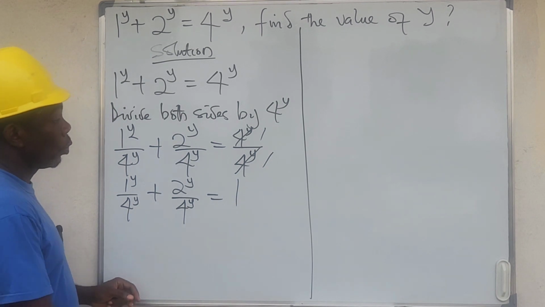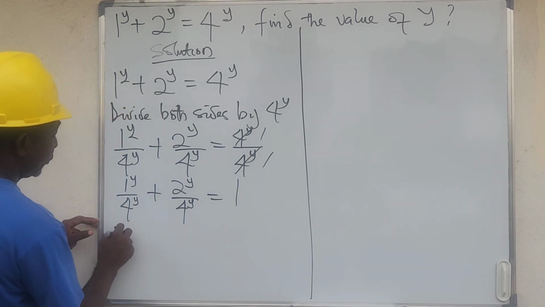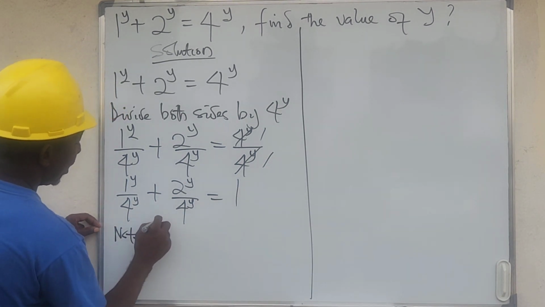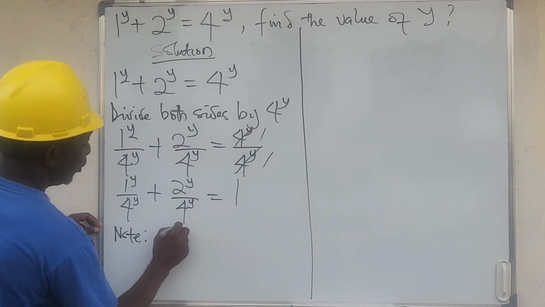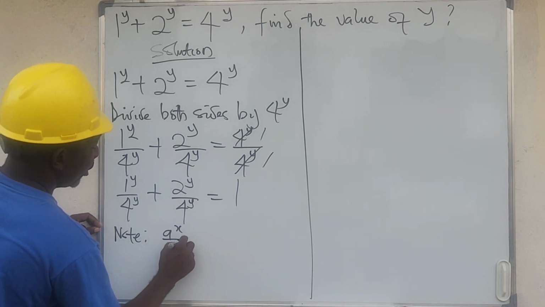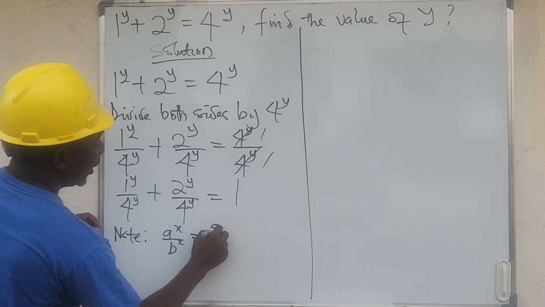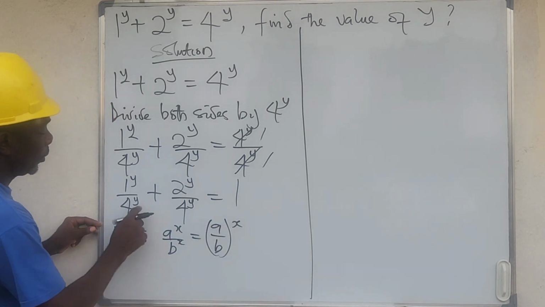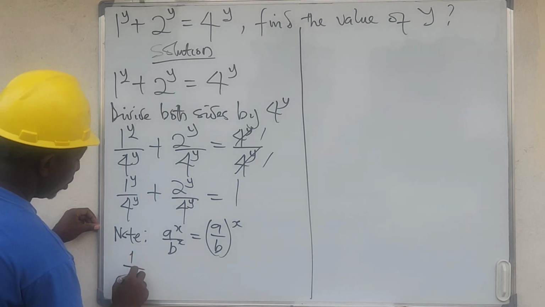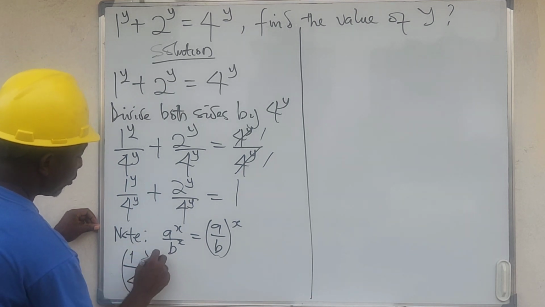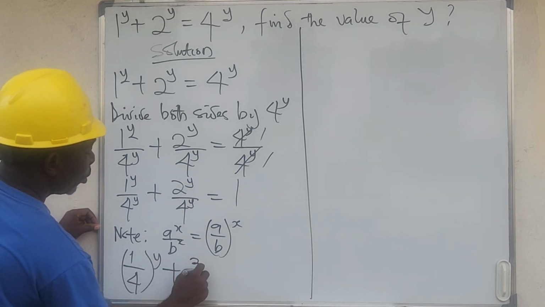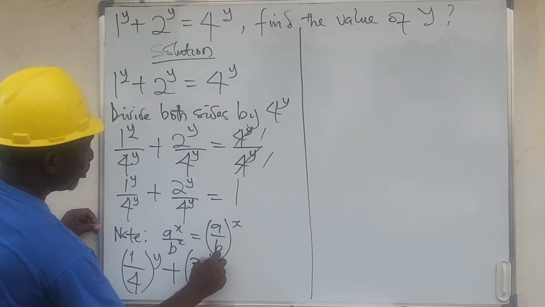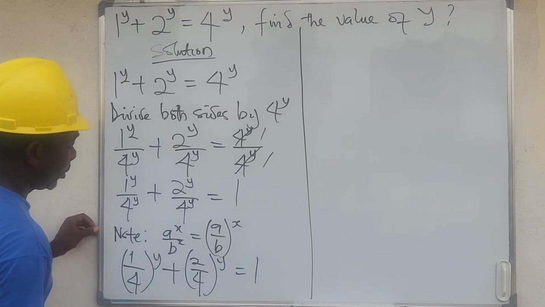Here, we recall that when we have a raised to the power of x all over b raised to the power of x, it is the same thing as a all over b all raised to the power of x. So this one will become 1 all over 4 all raised to the power of y plus 2 all over 4 all raised to the power of y equals 1.